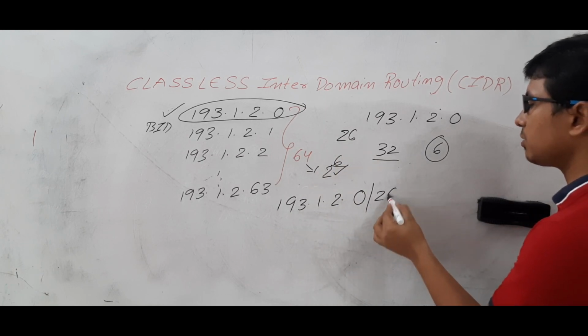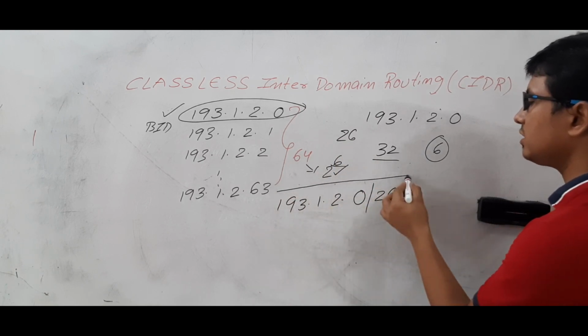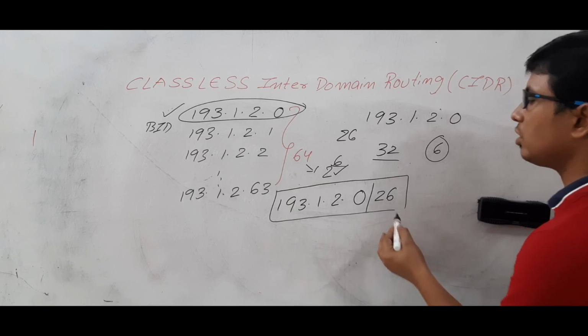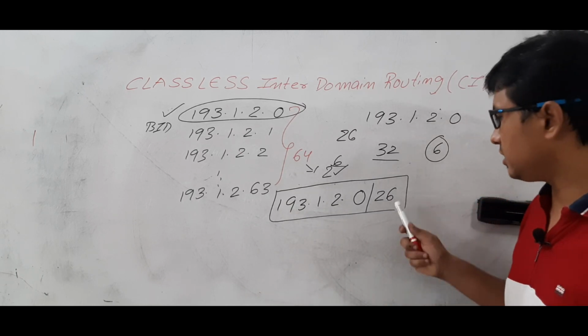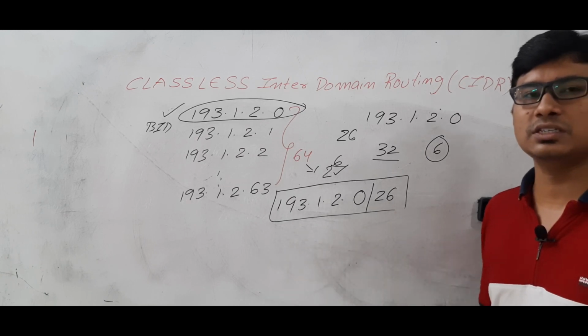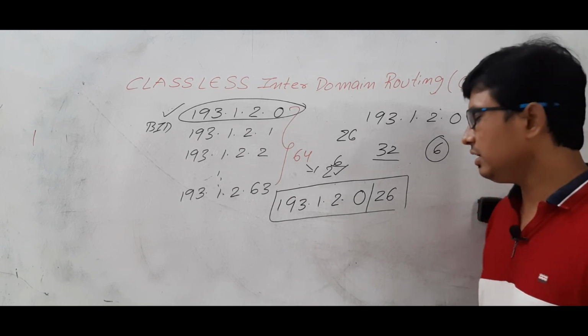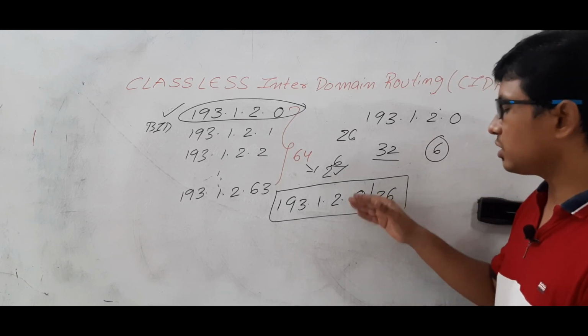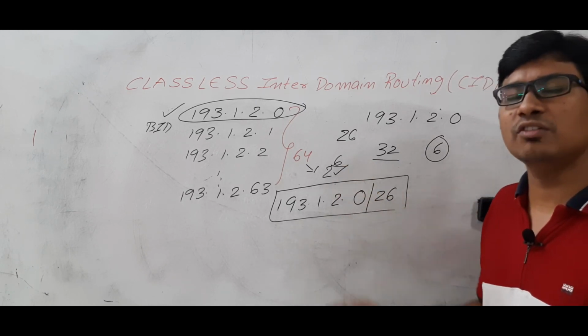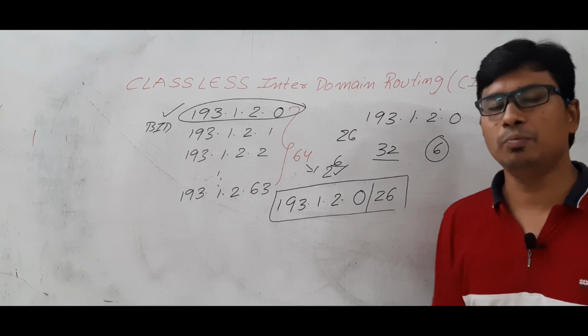So this can be represented as 193.1.2.0/26. Meaning the first 26 bits are assigned for the network ID and the remaining 6 bits are allocated for the host ID, so that you have 64 hosts in this block.